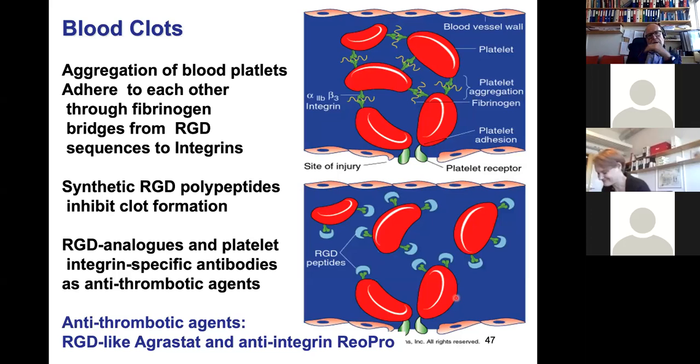So on platelets, there is one particular integrin, alpha 2b beta 3, that binds to fibrinogen and takes part in clot formation. In case you don't have an injury and your platelets are not going to be aggregated, this integrin is 100% inactive.